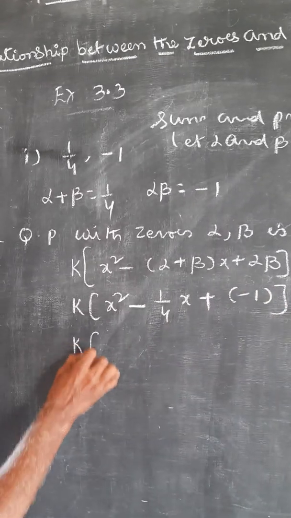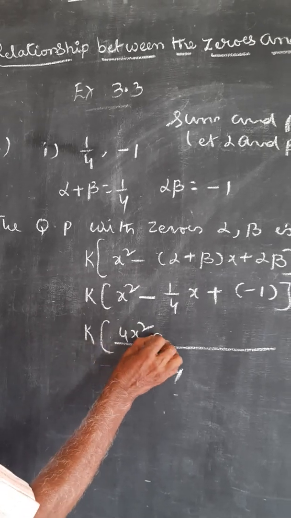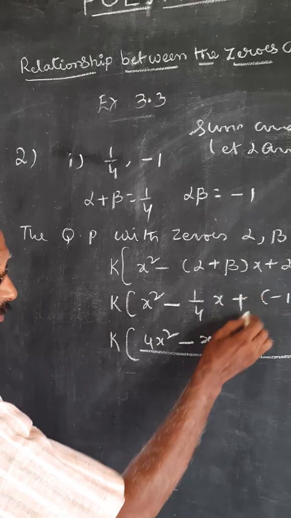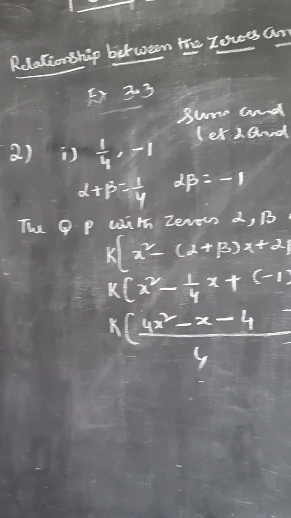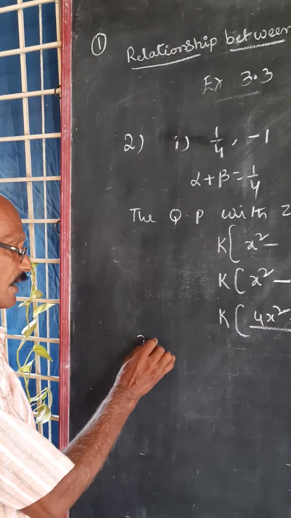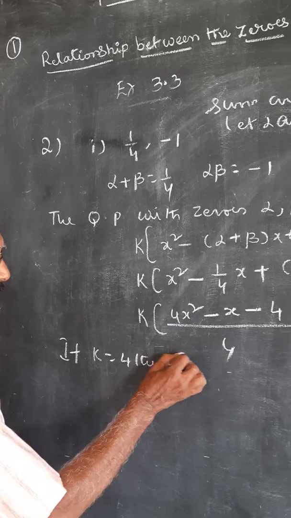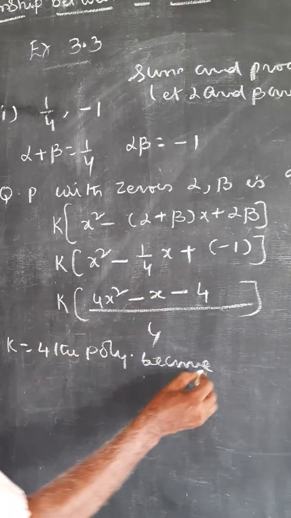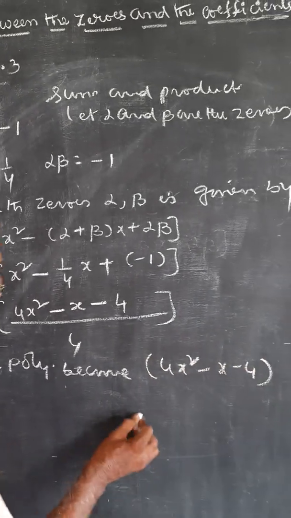Take LCM 4. Multiply with 4: 4x² − 1x, 4 times minus 1 is minus 4. So whenever the denominator is 4, take k value 4. If k is equal to 4, the 4s cancel, and the polynomial becomes 4x² − x − 4.